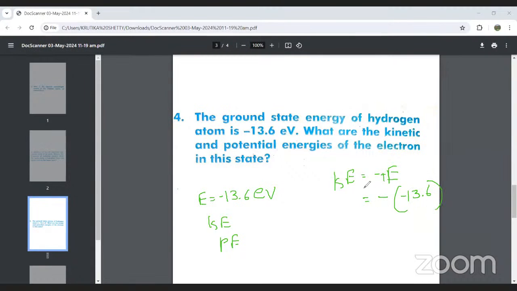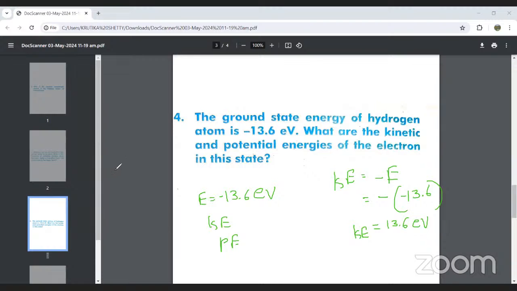So this is minus of E. Minus keep as it is. Energy value is minus 13.6. So minus into minus becomes plus. Therefore, it is plus 13.6 electron volt. This is the value of the kinetic energy.